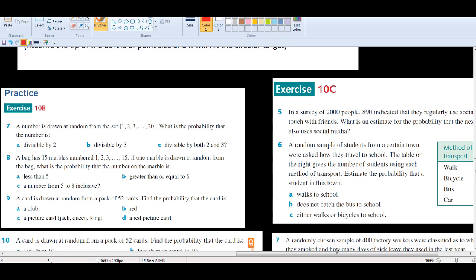Then when it comes to the new content, you could adapt to it more easily. That's why you need to do this practice. I put 10B and 10C together because basically you could use the same kind of method to solve most of the questions. If you have any question, please send an email to me.